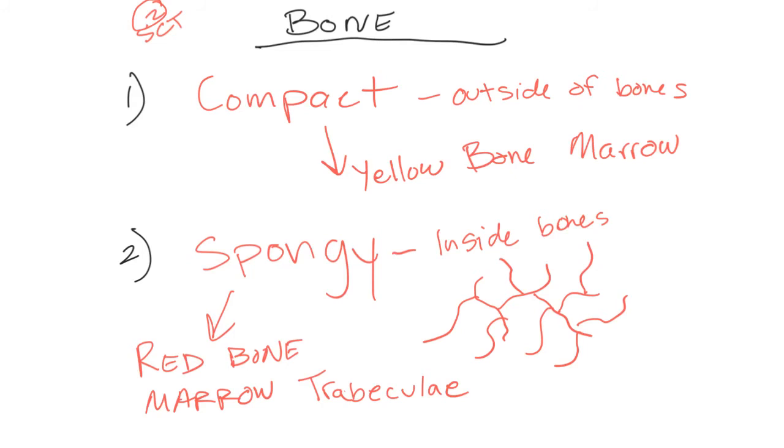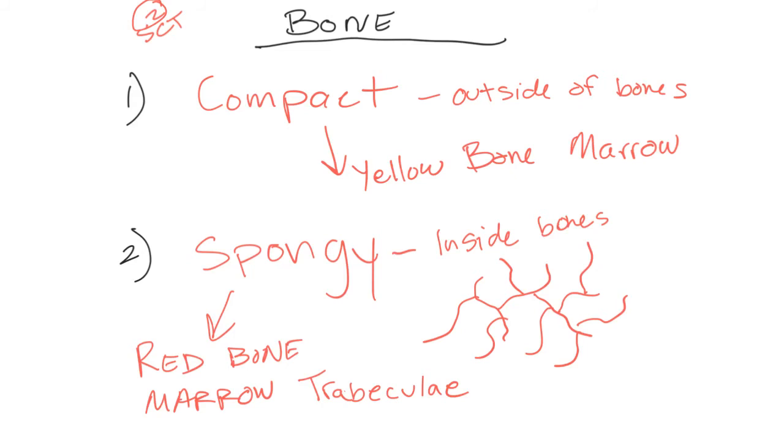Student: Why does some have spongy and some don't? Well, as you grow older, you don't need all of your bones making red blood cells, and so we use it for fat storage, I guess. That's a hard question to answer.